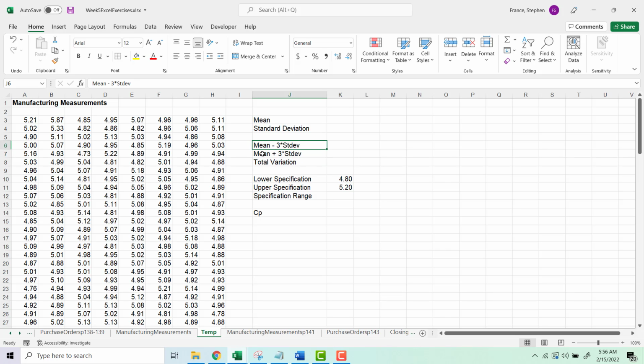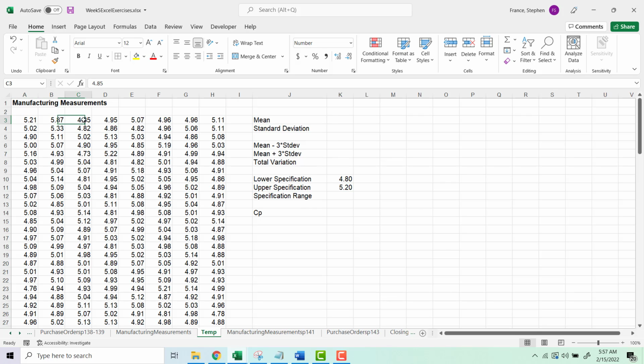The idea here is that about 99% of any distribution is within three standard deviations of the mean, i.e., within this range of Six Sigma. And if we have some sort of manufacturing process, then this Six Sigma should be within whatever our specific quality specifications are. So let's just take this data.